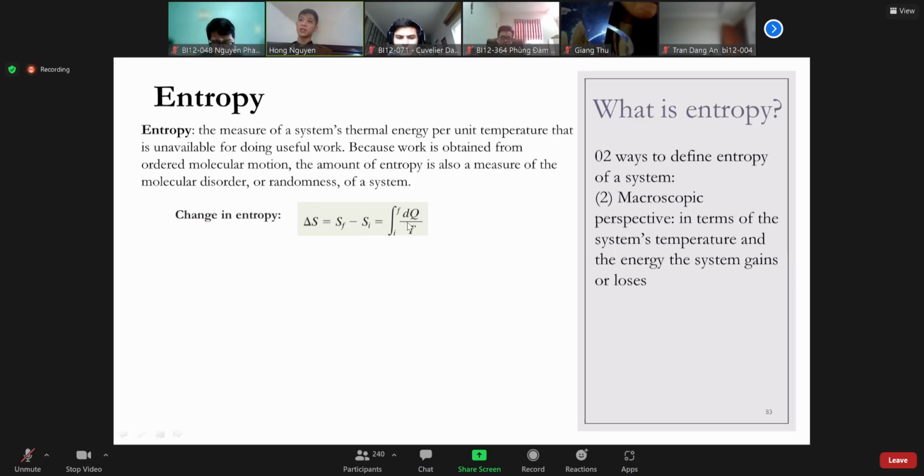Per unit of temperature here. Then we sum every small change of that heat per temperature. We will have the change in entropy. Good. So this is the way we define our entropy. Please remember this formula. Is it okay?